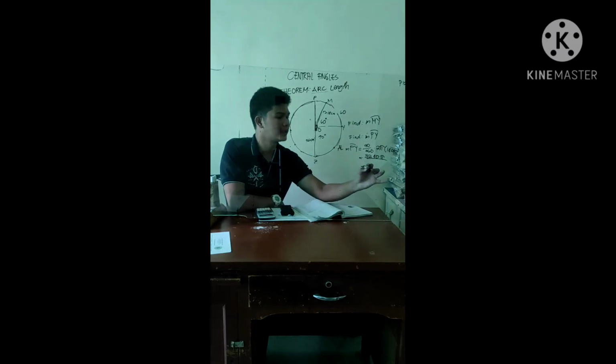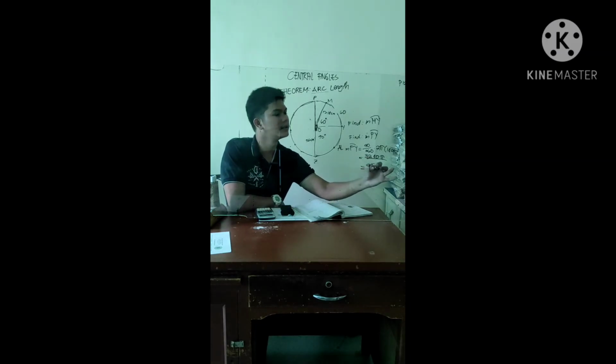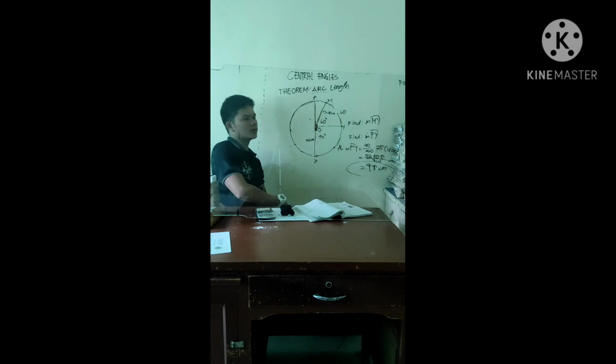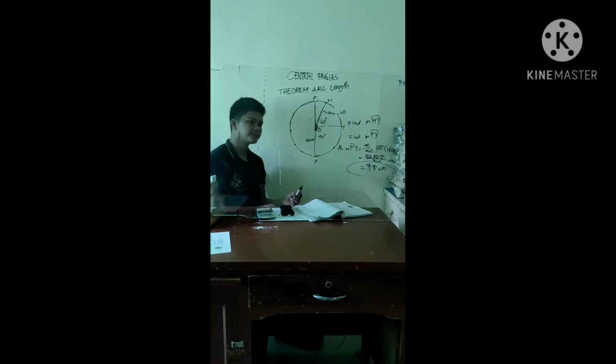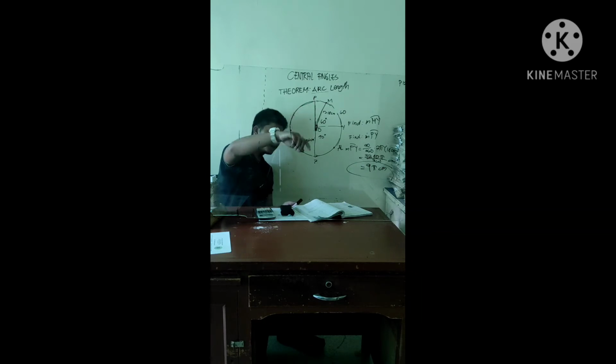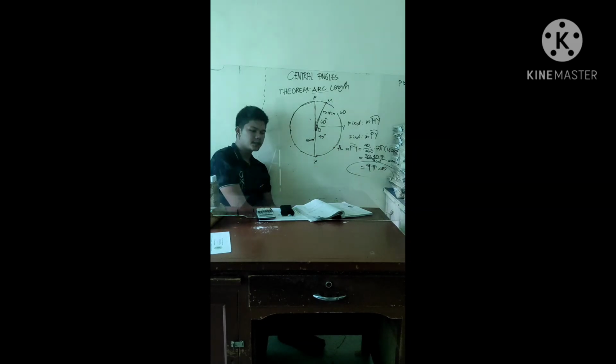That is equal to 9 pi centimeters. So, the arc length of arc PY is equal to 9 pi centimeters.